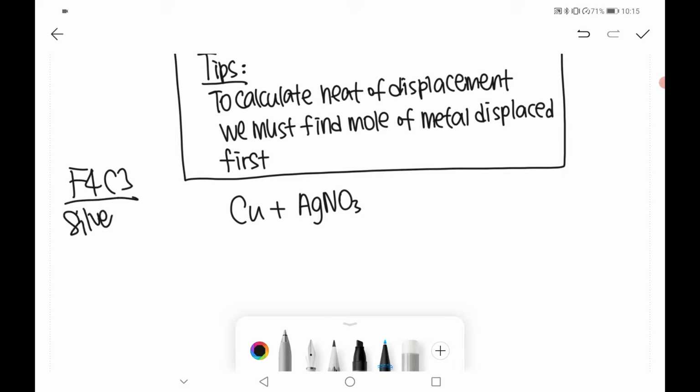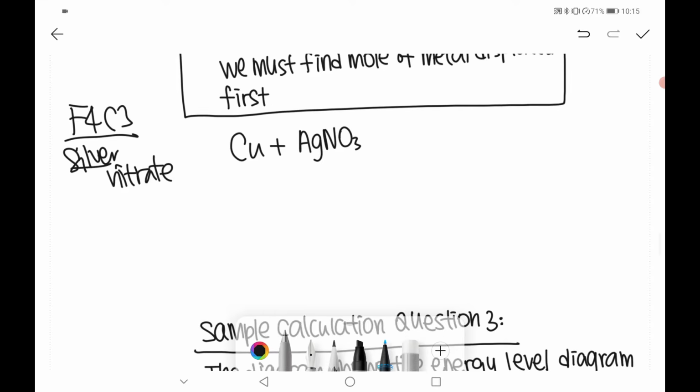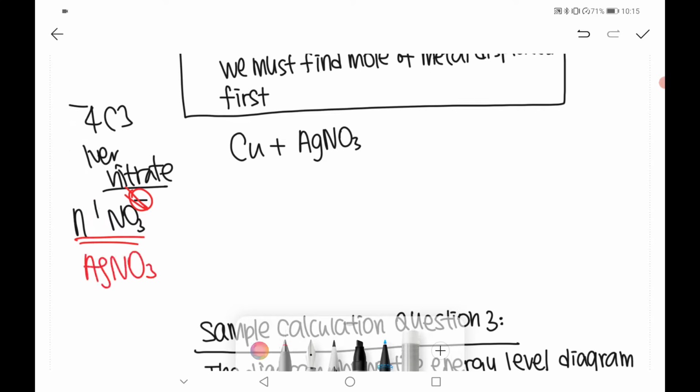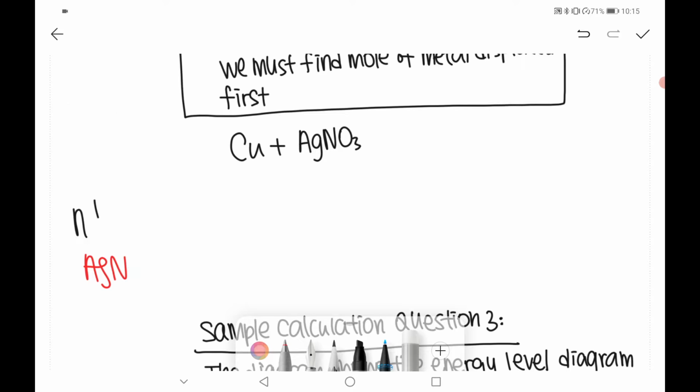Silver is Ag+ and nitrate is NO3 negative 1. The charges are the same, so you cut them out and join together, and you get AgNO3. This is how we predict the formula for silver nitrate without memorizing.